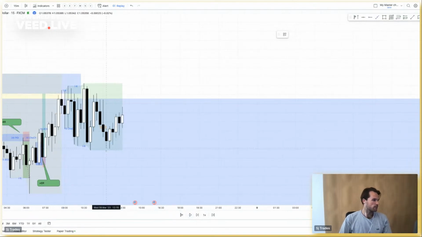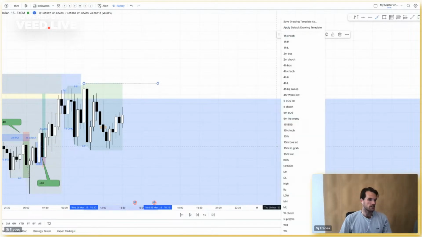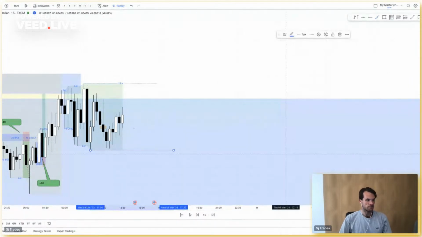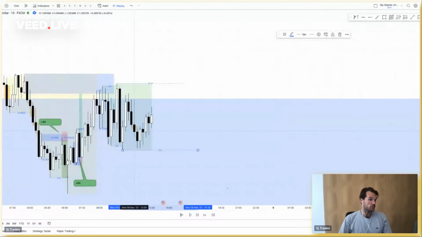Essentially right now, there's like a 15 high, I guess, a 15 low in terms of this range. Chock low.